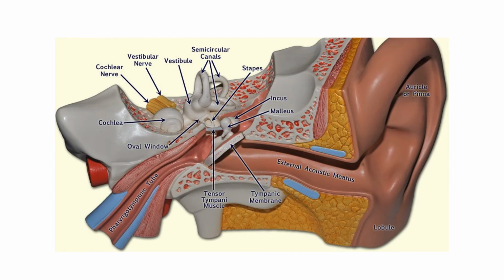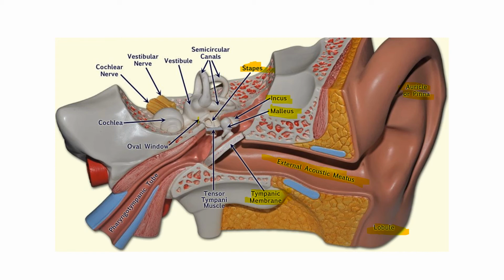So this is a model of the picture we just saw, and everything has been labeled for you. We have our auricle and our pinna, we have our lobule, we have our external acoustic meatus, we have our tympanic membrane, we have our malleus and our incus, and then we have our stapes.